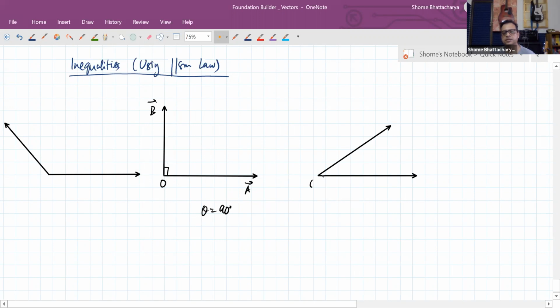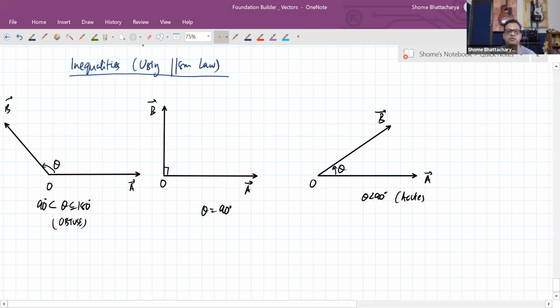This is the case where theta is less than 90 degrees. And this is the case where theta is greater than 90, less than or equal to 180 degrees. So obtuse will include 180 in the obtuse analysis only. No need to take it as a separate thing.